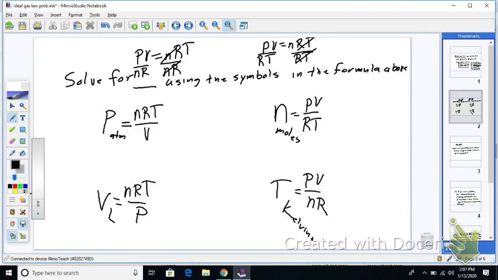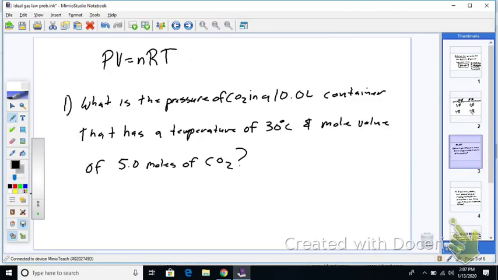Right, so the first one says we're going to find the pressure of carbon dioxide in a 10-liter cylinder. The gas temperature is 30 degrees Celsius, and we find out there's approximately 5 moles of CO2 particles in there.